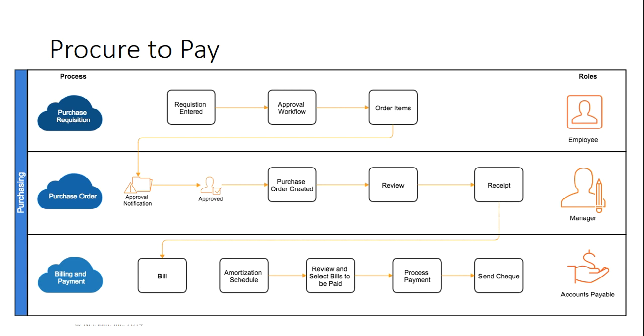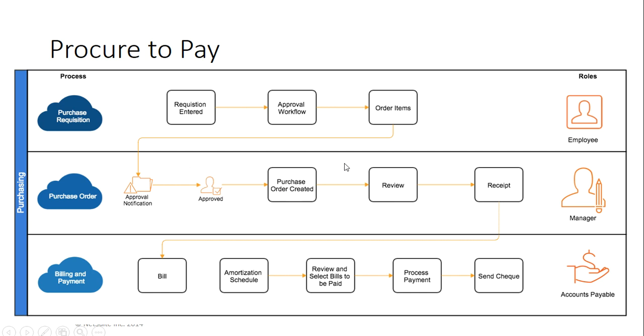In this purchasing process, three roles are included, like the employee who draws the requisition, a request that needs to be approved, and then in the approval workflow, the approval manager will review the requisition, and after the requisition is approved, it can become a purchase order.